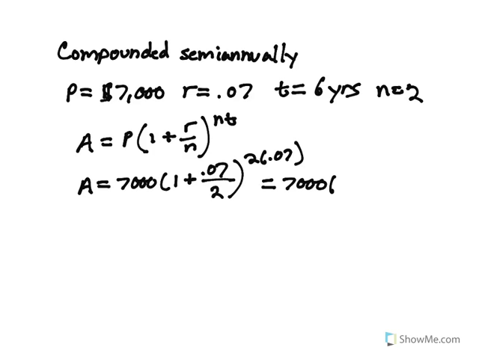So do the division first. Do 0.07 divided by 2, you'll get a number, then add 1, and you're going to get 1.035. And you're going to raise that to the power of 2 times 6.